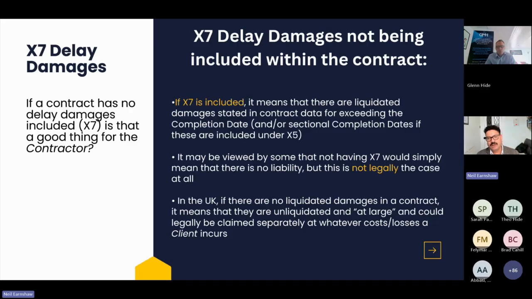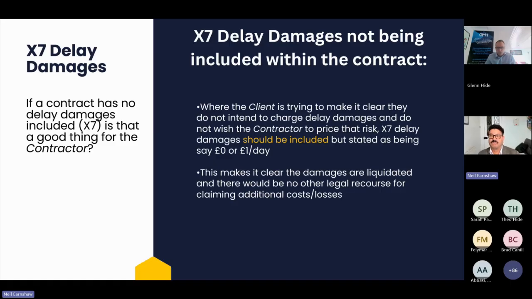What is ideal with damages is that the best position for a contractor will be to have X7 in the contract with the damages stated as either 0 or £1 per day. Then it's been liquidated from nothing, as in we don't know what it is, to something.